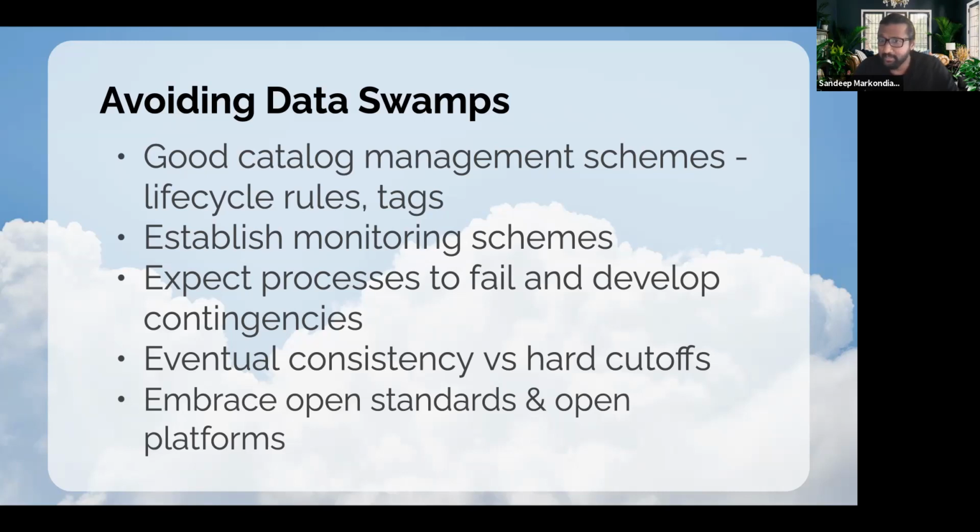It's easy to build a data lake in a wide range of cloud offerings that are available. But one of the key challenges is to have an ecosystem around it so that you have good processes, so that you're maintaining your workflows well. And if something's failing, you have contingencies for it, right?